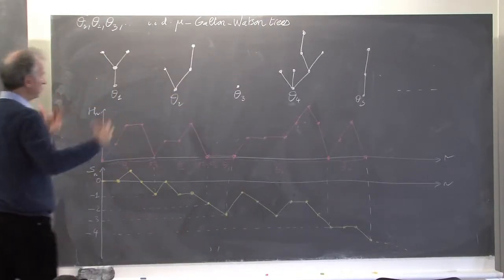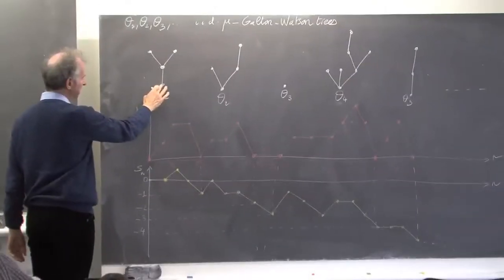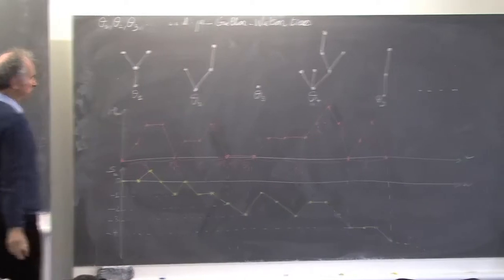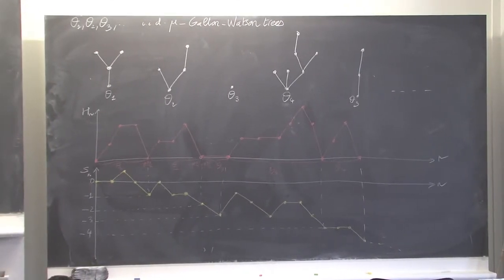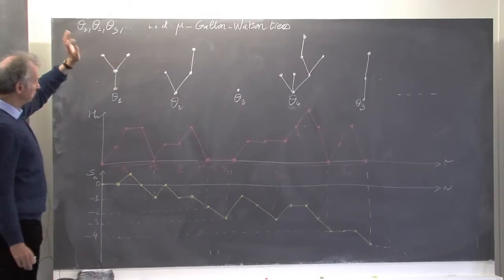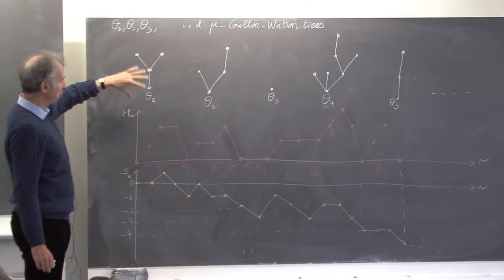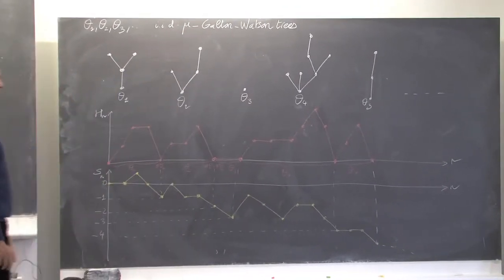It just means that for each tree you have one ancestor, and the tree corresponds to the genealogy of the descendants of this ancestor. It's called the Galton-Watson tree if each individual has a number of children, a number of offspring, according to the probability distribution mu. And independently, of course, for the different individuals in the population.